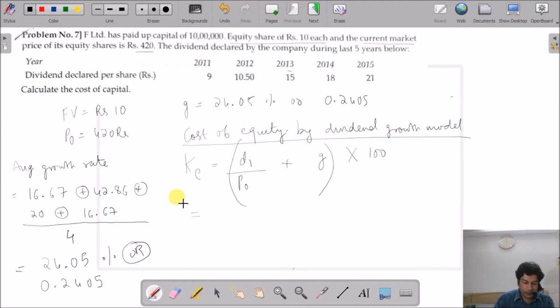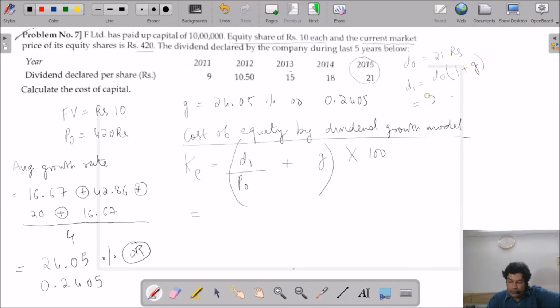So D1 I have to find. So 2015 is the last year. The last year dividend paid was in 2015, which is D0. So D0 we know it is 21 rupees. So we are going to find D1. So it is D0 into 1 plus the growth rate.